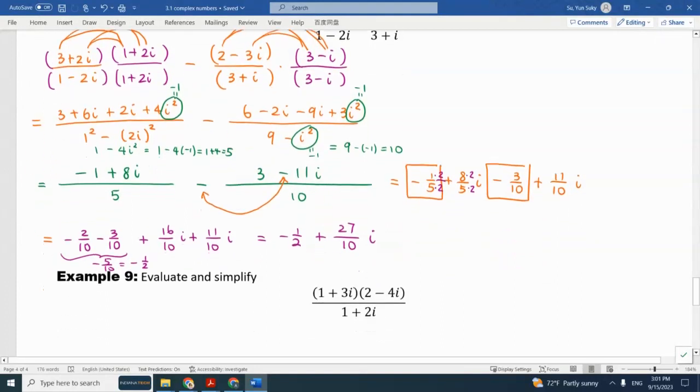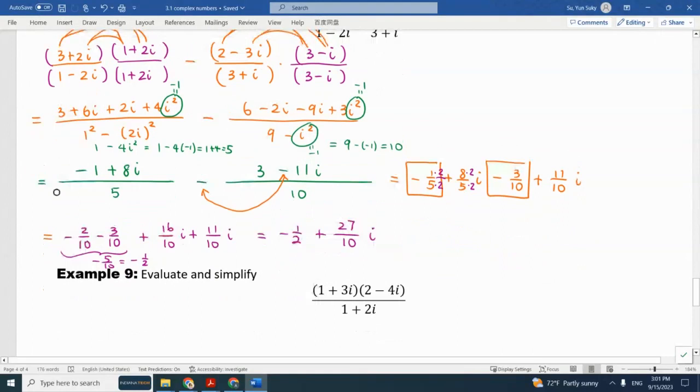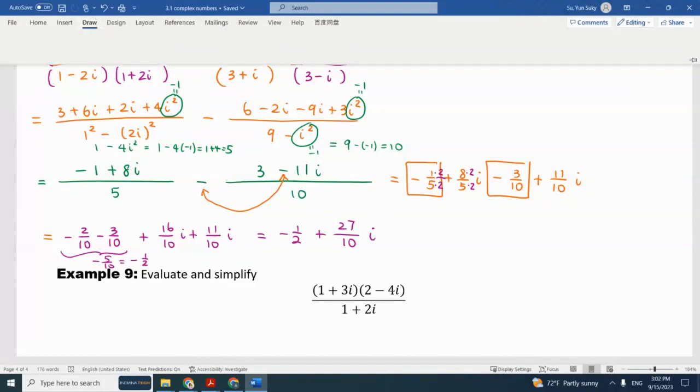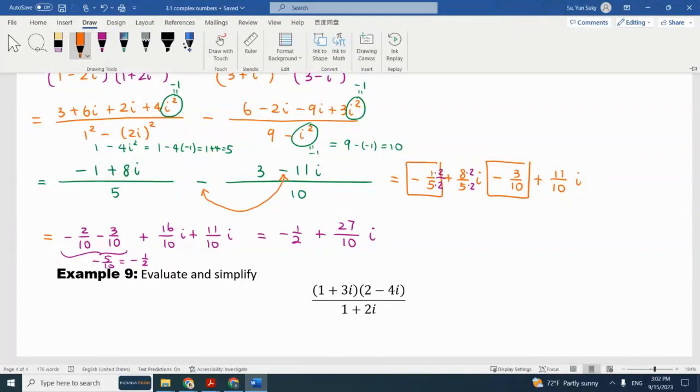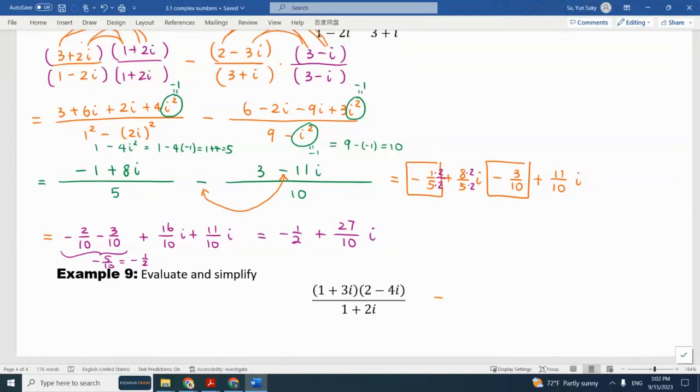All right. Example 9. We want to evaluate and simplify this. So what I would do is the operation on the numerator first. Maxwell.